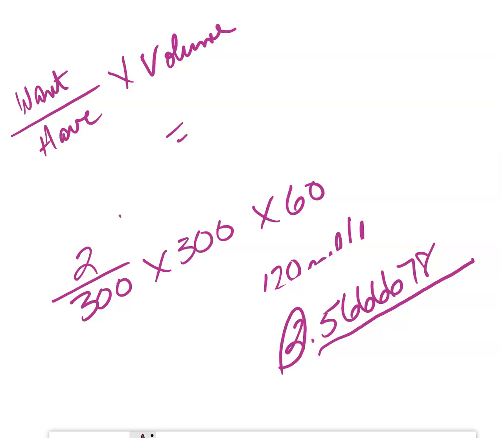Just multiply that by 60. So let's just try that out. We've got 2.5666667. Subtract the whole number. It gives me 0.5666667. Multiply that by 60. That actually gives me 34 minutes.